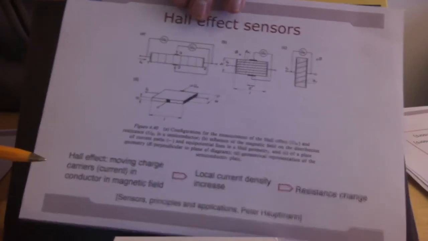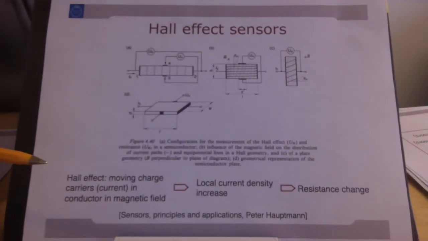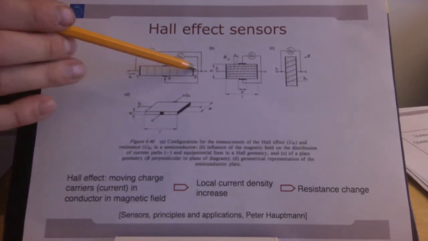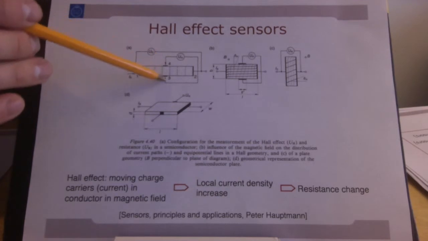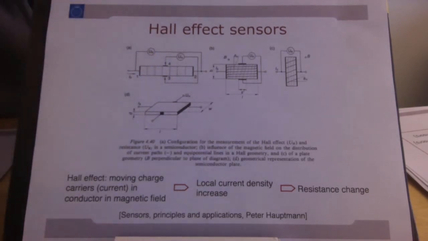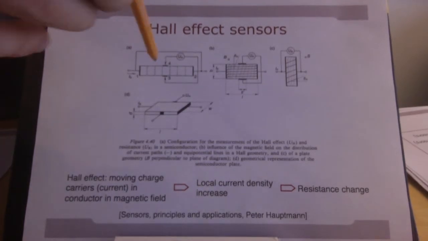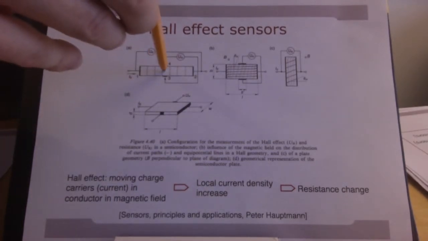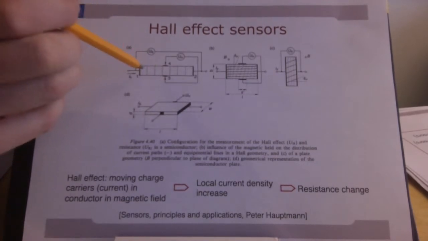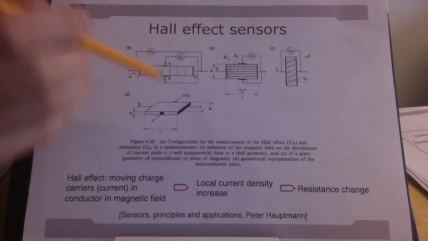This is a schematic of a Hall effect sensor. In a Hall effect sensor, you send a current from one point to another, point 1 to point 2, and you measure the voltage between point 3 and point 4. Now, if I have a magnetic field that is out of plane, coming in this direction, the electrons, which are moving carriers in the magnetic field, will be forced to turn in one direction or the other.